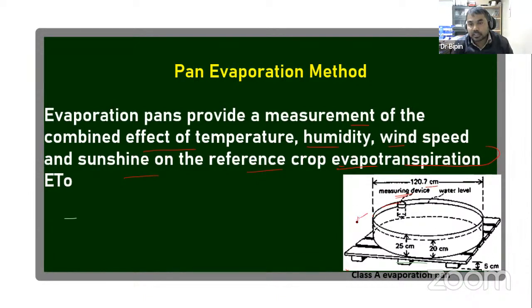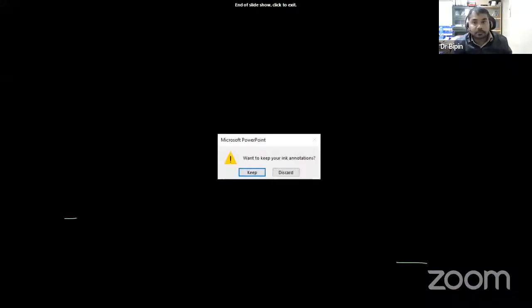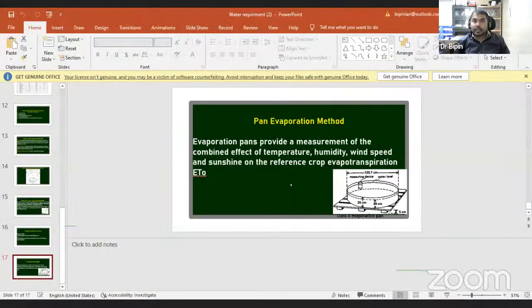This is the standardized class A evaporation pan, and you can estimate the actual evaporation that may happen in a particular environment and climatic condition in a field area. So these are some of the methods, and this is all about water requirements and how we can go for that.